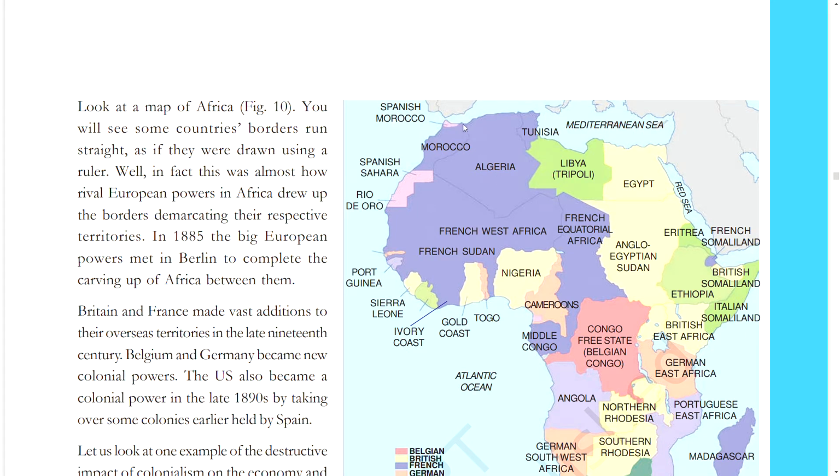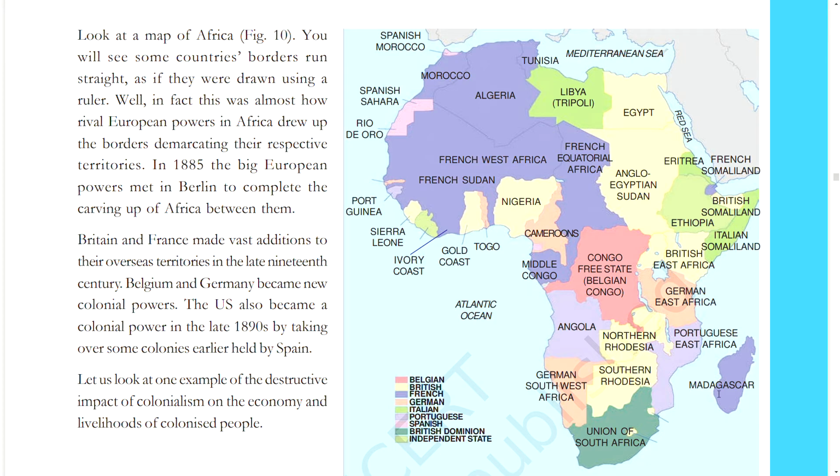Spanish Morocco, Spanish Sahara, Rio de Oro, Morocco, Algeria, Tunisia, Libya, Tripoli, Egypt, French Somaliland, Eritrea, British Somaliland, Ethiopia, Italian Somaliland, British East Africa, German East Africa, Portuguese East Africa, Madagascar, Union of South Africa, German Southwest Africa, Southern Rhodesia, Northern Rhodesia, Angola, Congo Free State, Belgian Congo, Middle Congo, Cameroons, Anglo-Egyptian Sudan, French Equatorial Africa, French West Africa, French Sudan, Nigeria, Togo, Gold Coast, Ivory Coast, Sierra Leone, Portuguese Guinea.